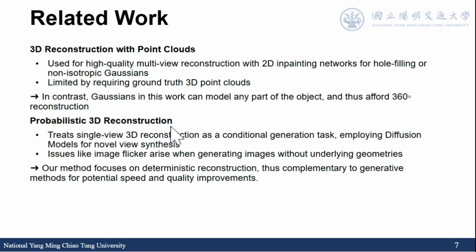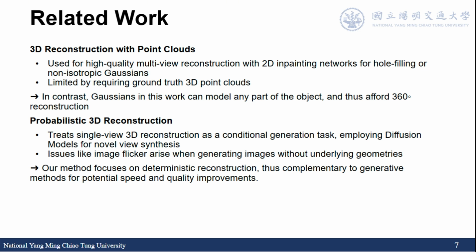Moving on to probabilistic 3D reconstruction, many recent methods treat single-view reconstruction as a conditional generation task, using techniques like diffusion models for novel view synthesis. While these methods can produce impressive results, they often suffer from major issues.